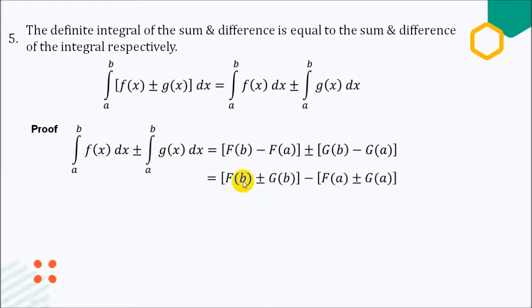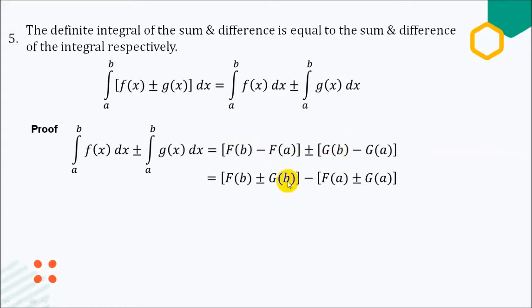Here we have b and a, so let's group them. We have F(b) and G(b), and we can take them together because they are evaluated at the same b.